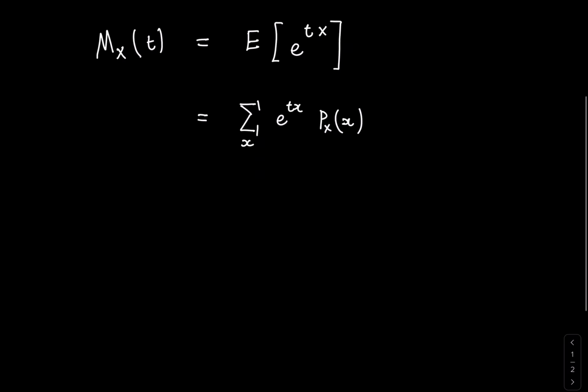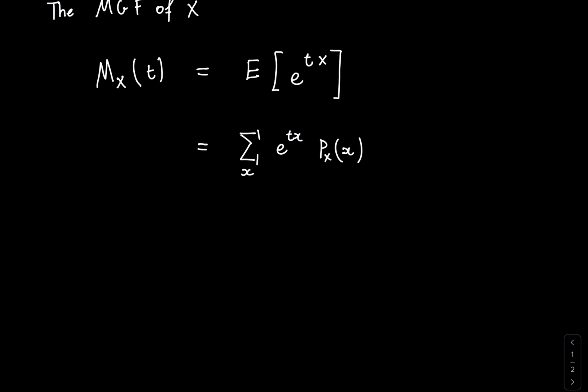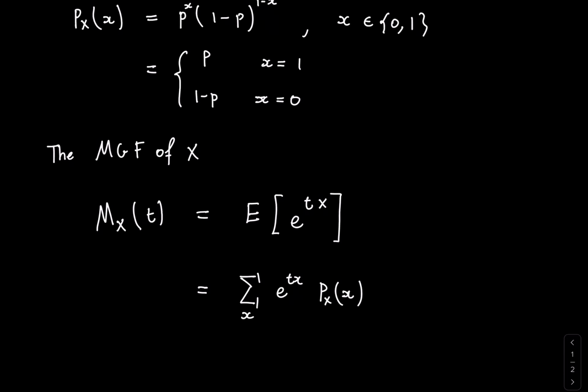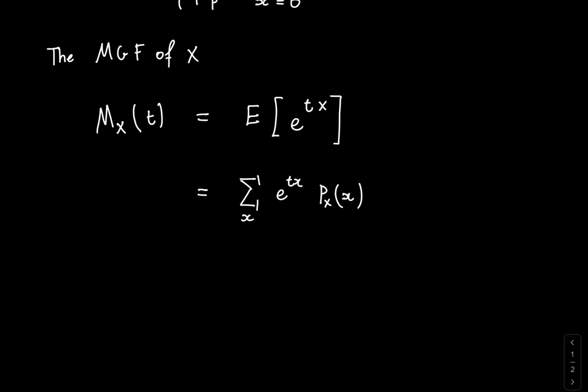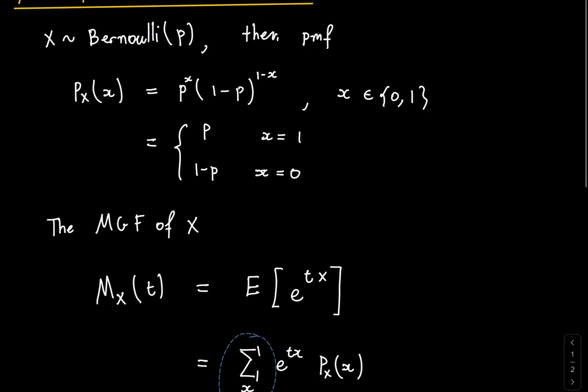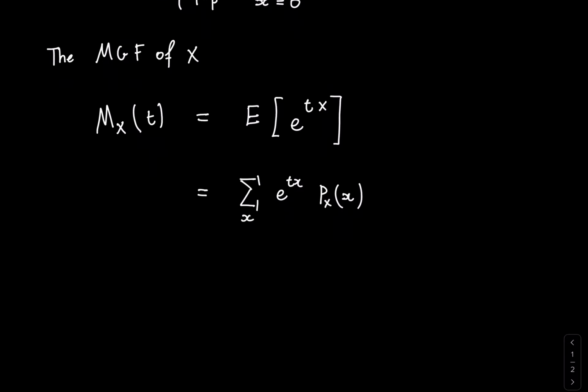Now, here's where that Bernoulli distribution comes in handy. In the summation sign, we're going to consider all the possible values of x. Well, we know from our expression up here, x can only take values 0 and 1.